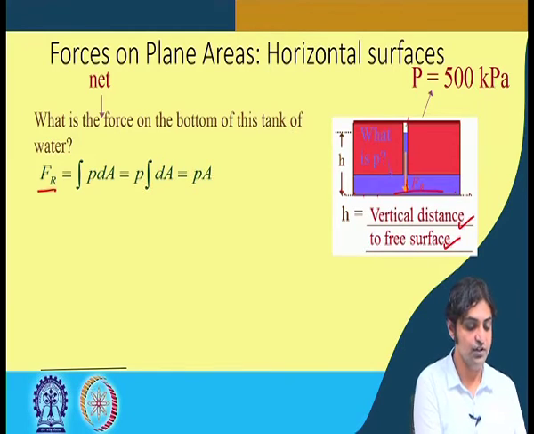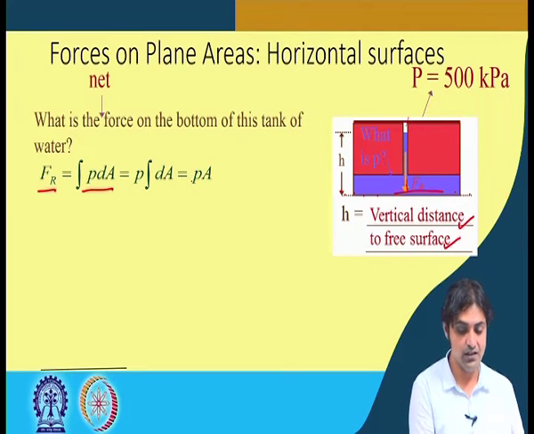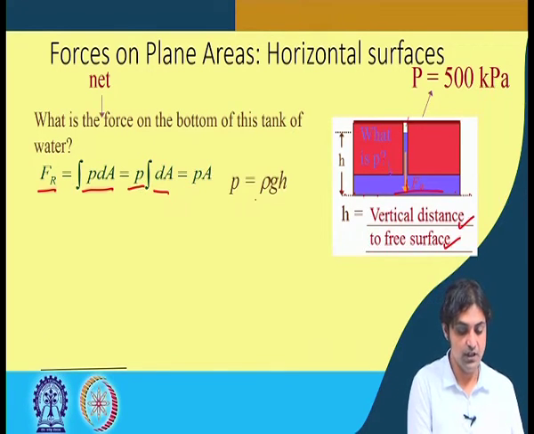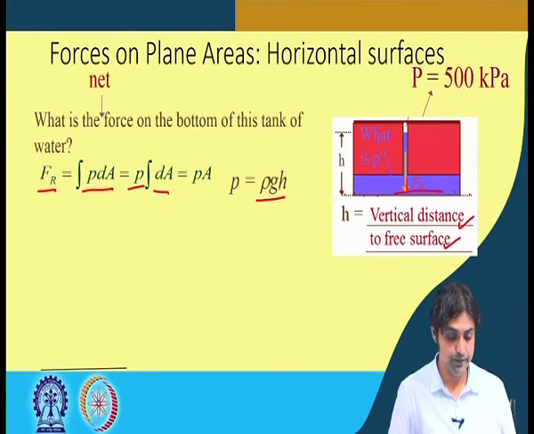Actually, what is the net force on the bottom of this tank? The resultant force is going to be the integration of pressure into area. P is constant, so it comes out and that becomes pressure into area, PA, where P is rho g h. This is the gauge pressure.